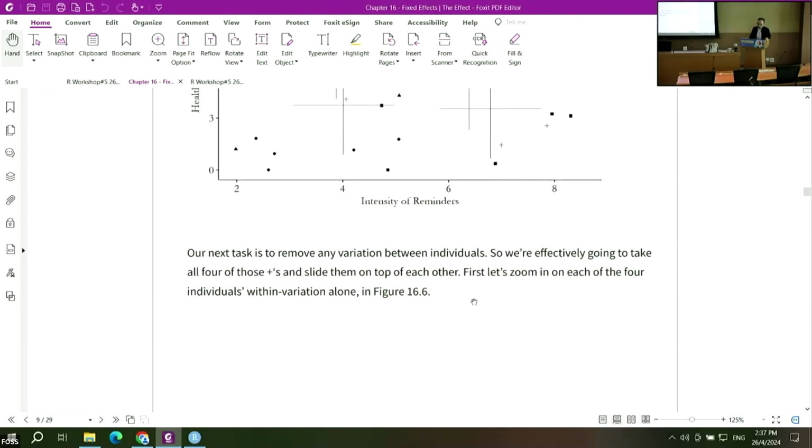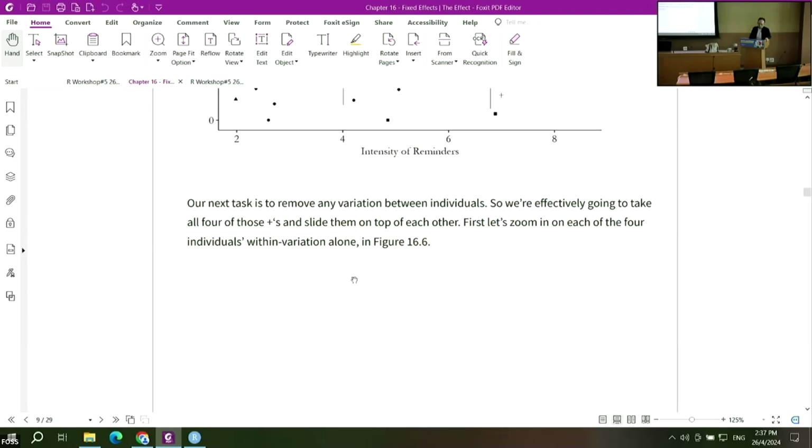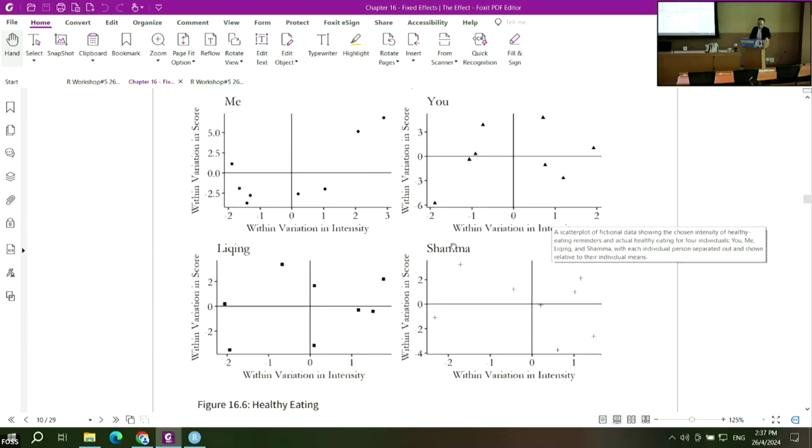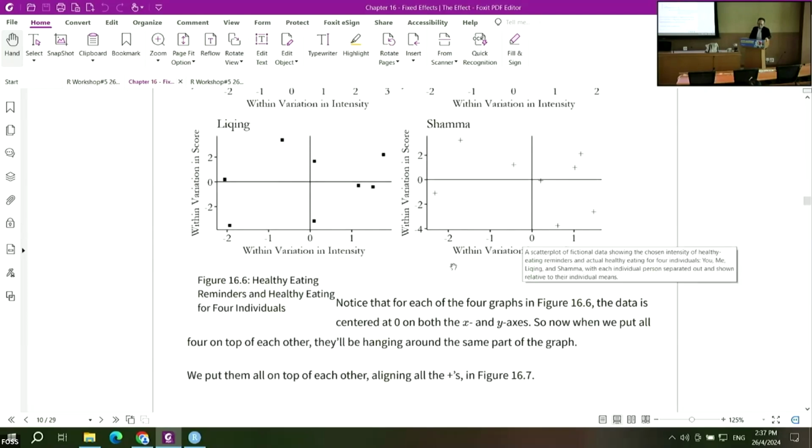If we zoom in on each of the 4 individuals, within variation alone, this is what it looks like. This is me, this is you, this is Li Qing, this is Shema. In each of the 4 graphs, the data is centered at 0 on both the x and y axes. Now we put all 4 on top of each other.